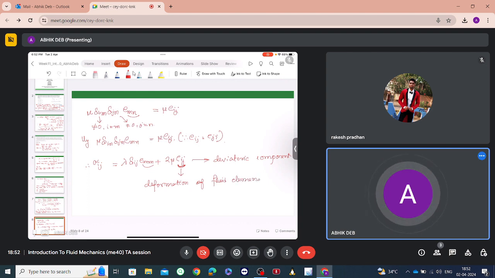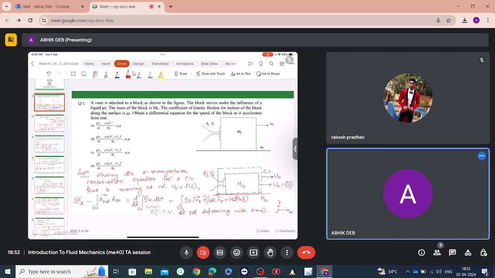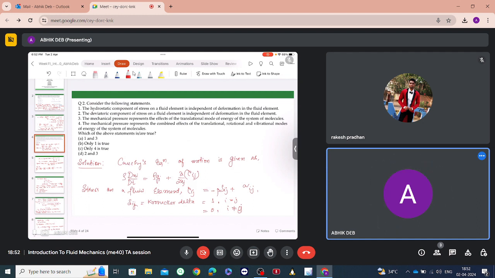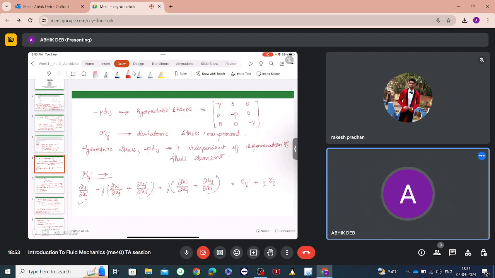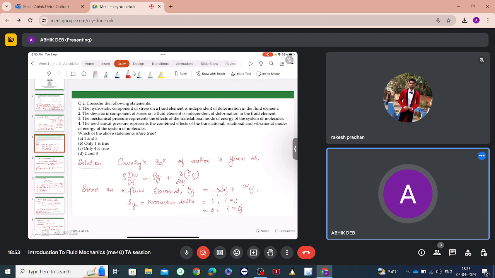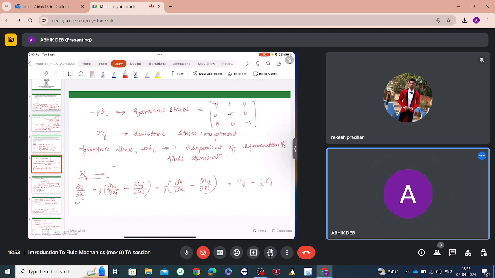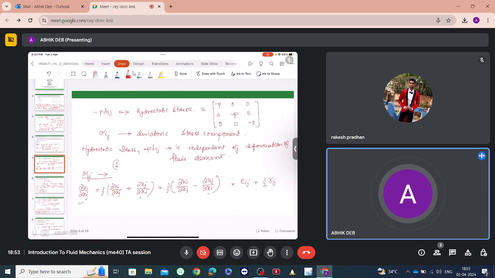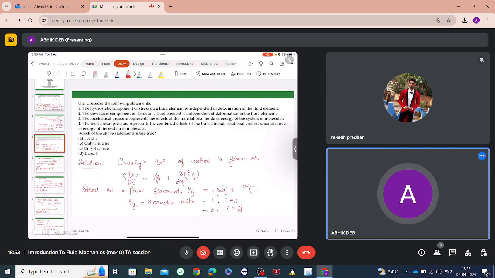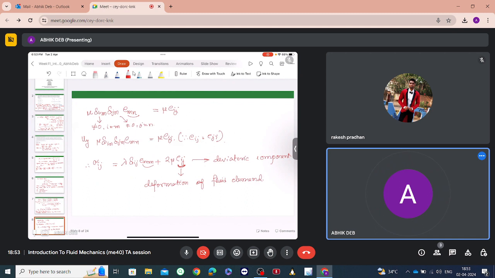So from here we see that option number 1 is correct. Option number 1 is correct. That the deviatoric component is independent, this is not correct. Therefore, option number 2 is not correct.